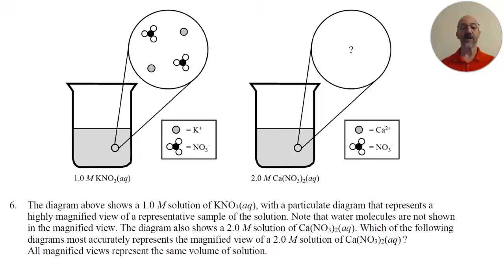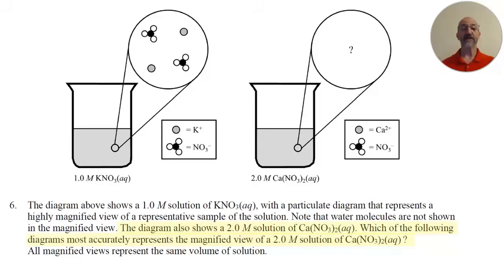Note that water molecules are not shown in the magnified view. And the diagram also shows a 2 molar solution of calcium nitrate. Which of the following diagrams most accurately represents the magnified view of a 2 molar solution of calcium nitrate? Note that all magnified views represent the same volume of solution.